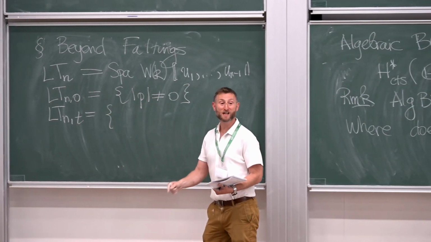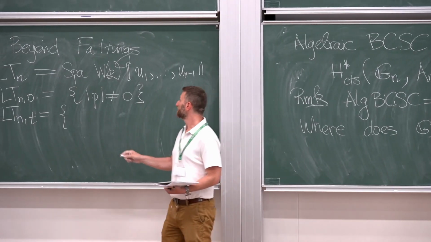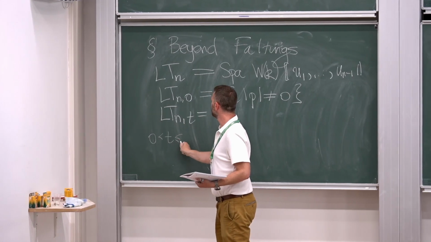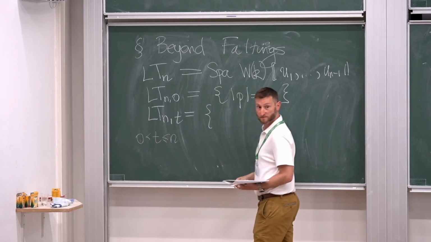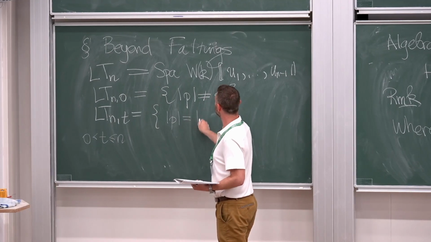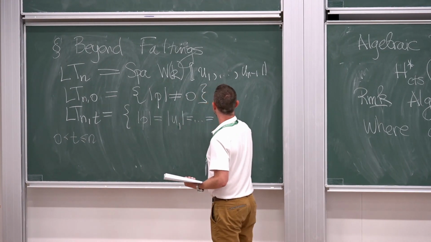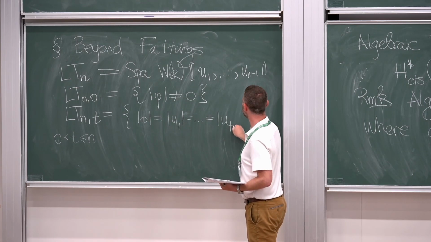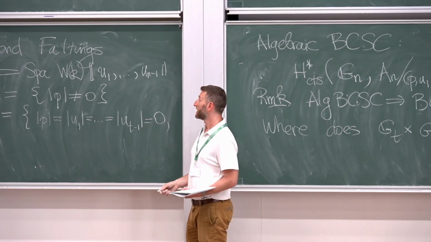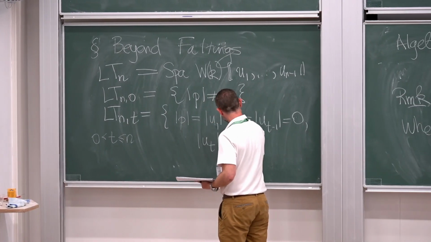So this t now becomes an intermediate variable. What should it mean? You allow, okay, so this will be when t is greater than 0, and you can have it go all the way up to n. So this should mean that the absolute value of p actually is 0, as is u_1, all the way up to u_{t-1}. And u_t should be not 0.